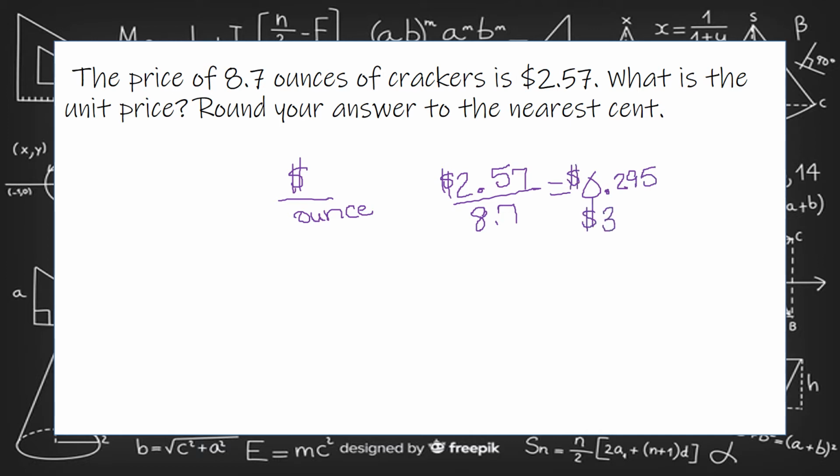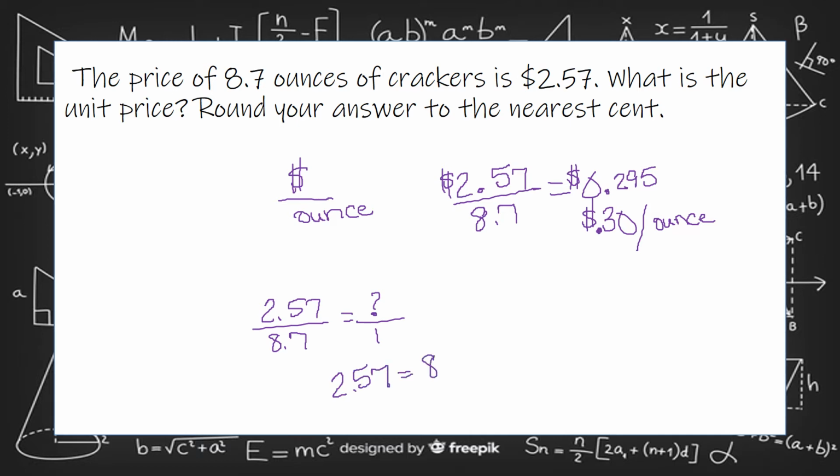Just type in 2.57 divided by 8.7, and you get 0.295. And that's money, so it would round up to 30 cents per ounce, because you simplified it down to 1.